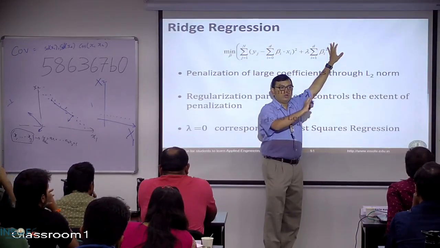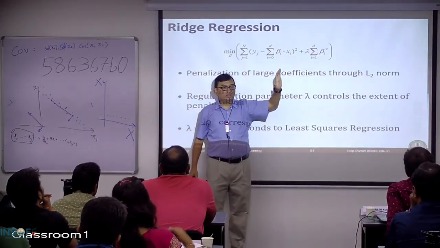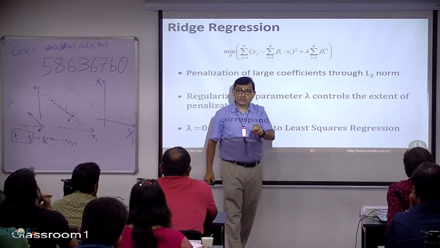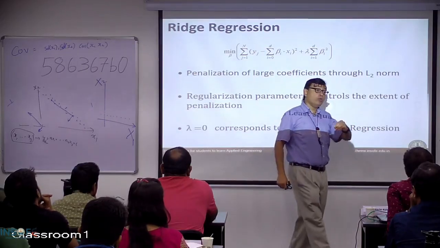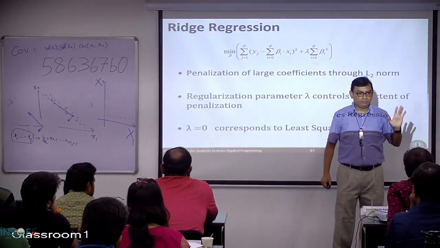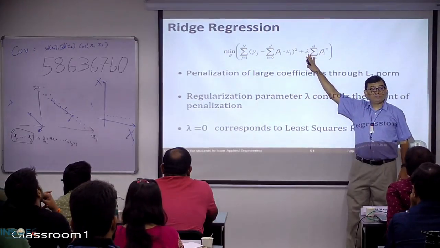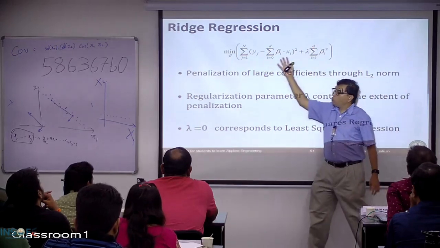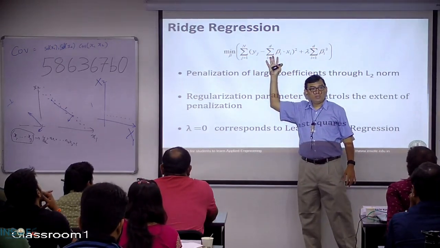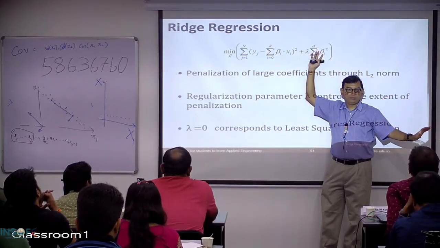Good question. What is lambda? Lambda is a number that you are going to choose based on how important it is for you to have a simple model. When I set lambda to be 0, then this becomes only sum of square errors. It will give you the same answer as the normal least squares problem.